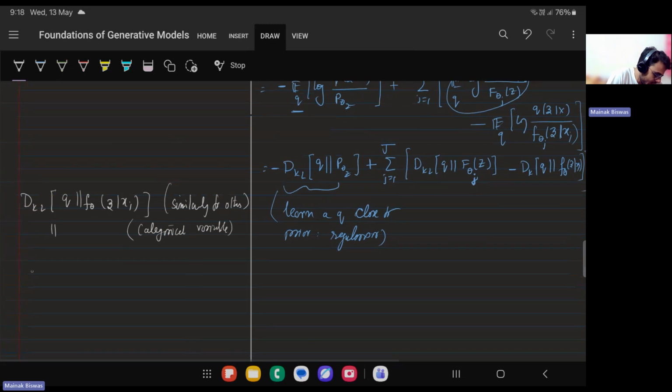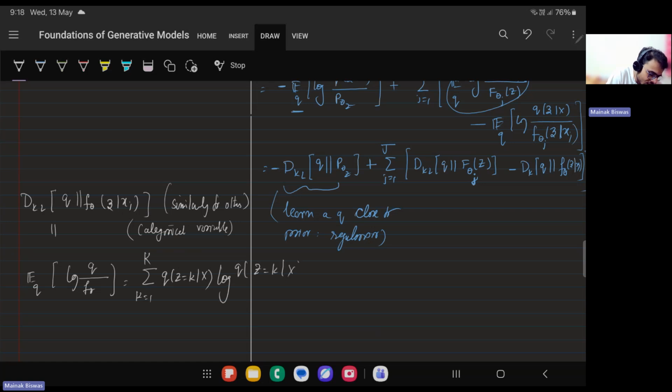We know that this is the expected value of q by f theta, which is equal to the summation over k ranging from 1 to capital K of q of z equal to k given x, over j, log of q of z equal to k given x by f theta of z given xj, if I say z equal to k given xj.